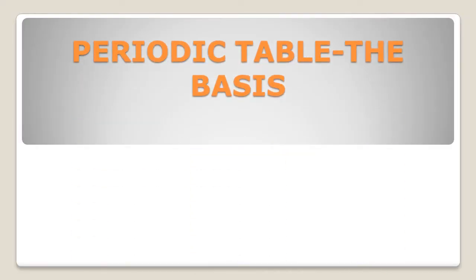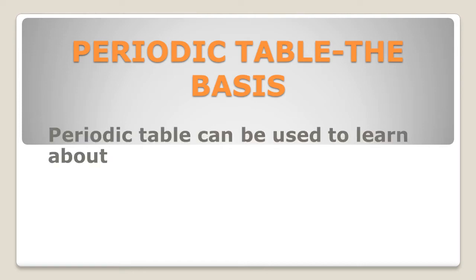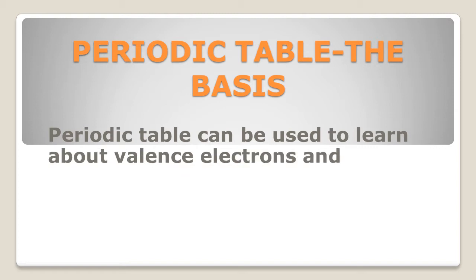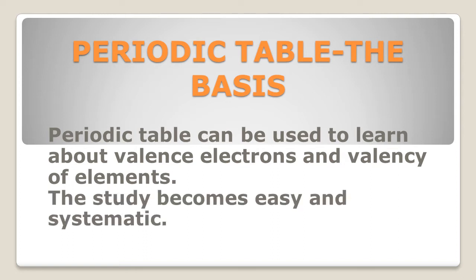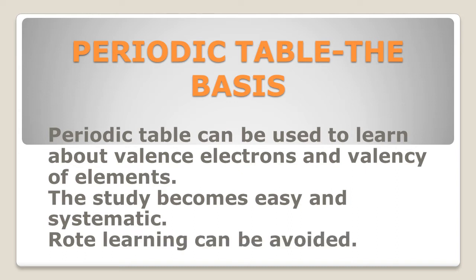Periodic table, the basis. The periodic table can be used to learn about valence electrons and valency of elements. The study becomes easy and systematic. Rote learning can be avoided.